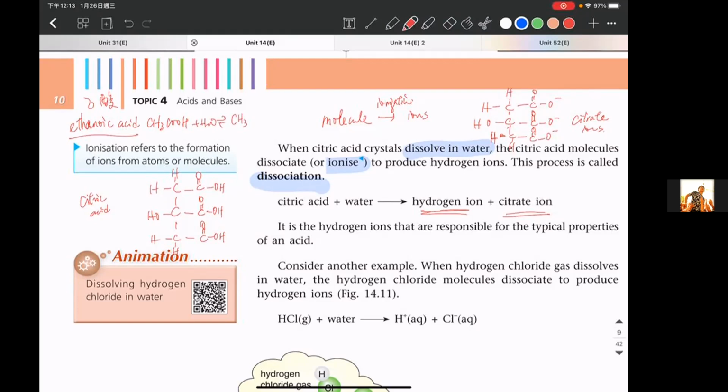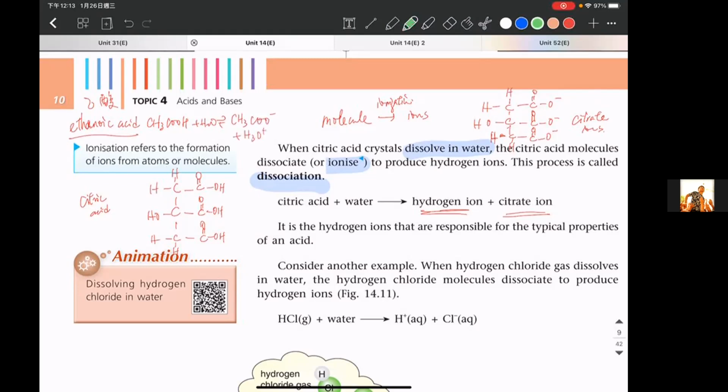So what is the equation? You can find it on the web. That's right: CH3COOH, and H3O plus.